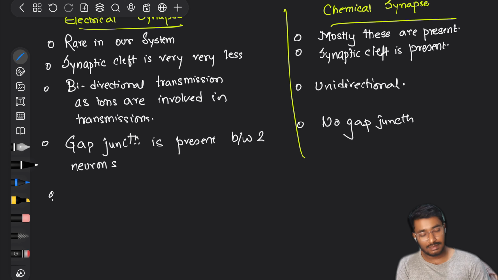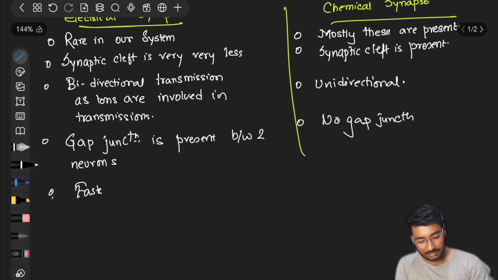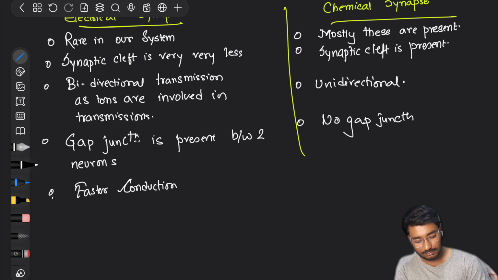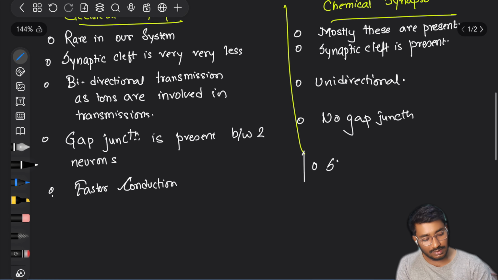And the last point is faster conduction in electrical synapse. Here, in chemical synapse, it is slower conduction.